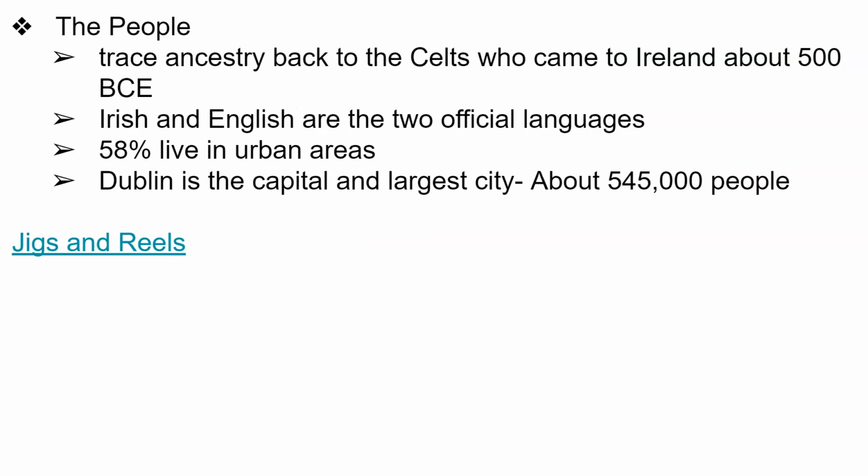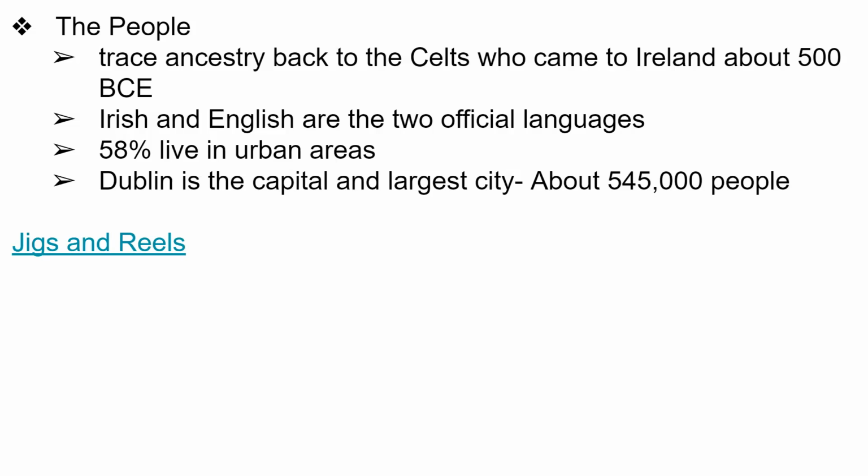Looking at the Irish people, most people in Ireland can trace their ancestry back to the Celts or the Celtic people who came to Ireland around 500 BCE. And when you look at the languages of Ireland, you'll predominantly hear English, but as you get into the more western parts of Ireland, you'll actually hear a lot more Irish. So, for example, students in Ireland will learn both English and Irish.